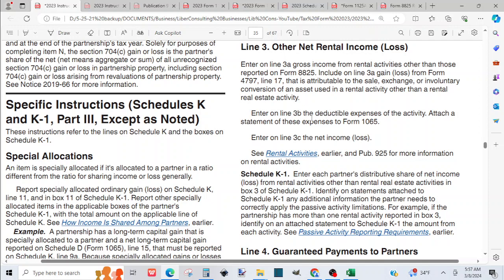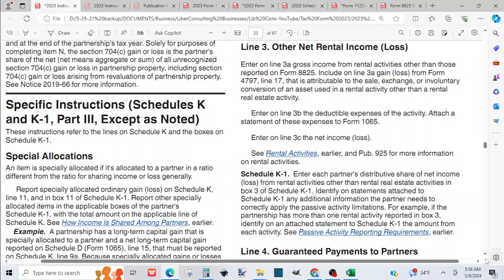And then on line 3B, the deductible expense of the activity. Attach a statement to your Form 1065. And 3C will be the profit or the loss. And they will go on Schedule K-1 as well.